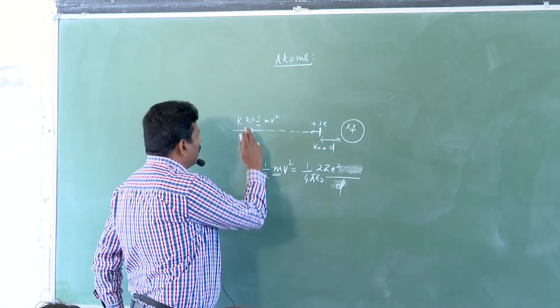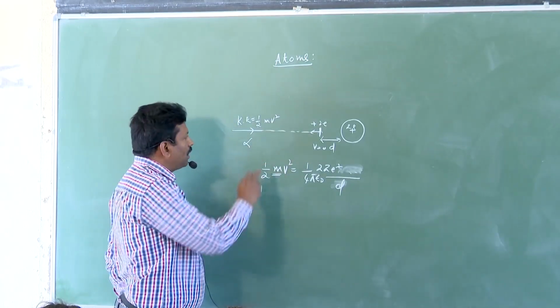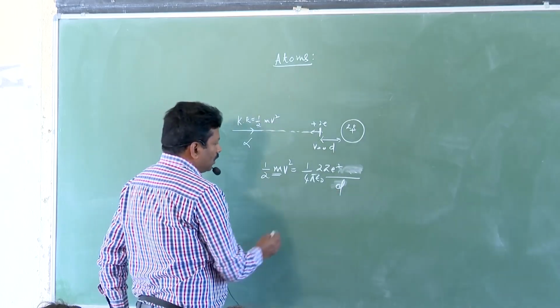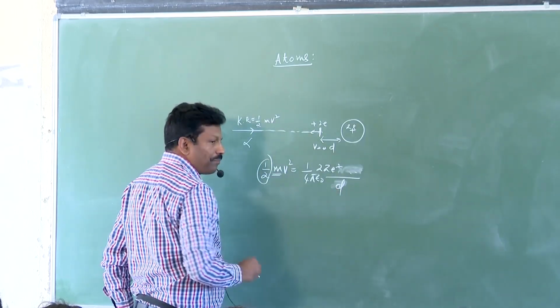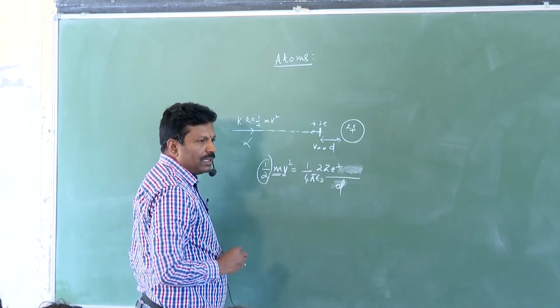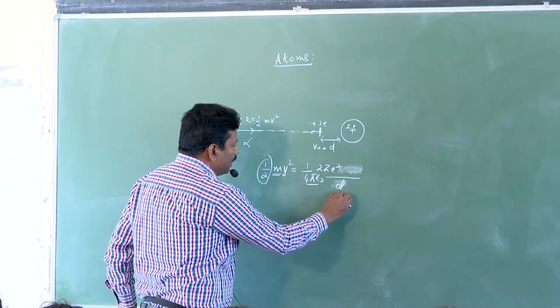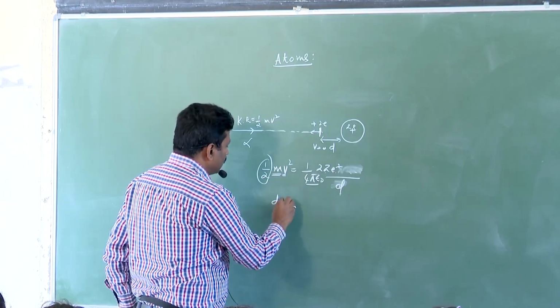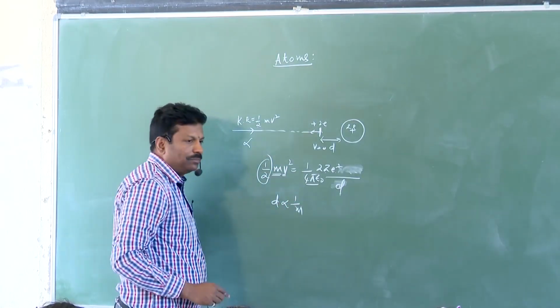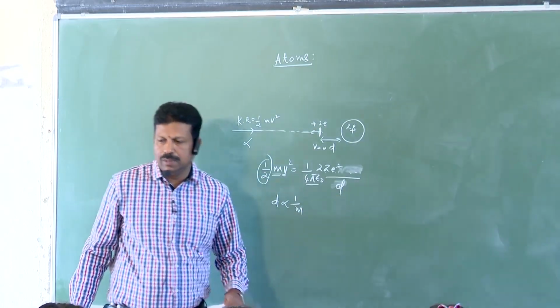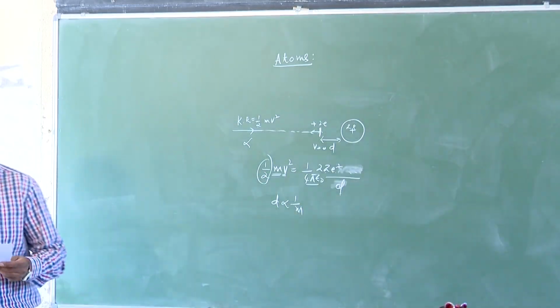So we know kinetic energy, half mv squared, becomes potential energy, which is 1 by 4 pi epsilon naught into Ze into 2e, so 2 Ze squared divided by distance r, or d. For a different particle other than an alpha particle, how does the distance of closest approach depend on mass? The initial velocity is constant, Z squared is constant, so d is inversely proportional to m. So option C.